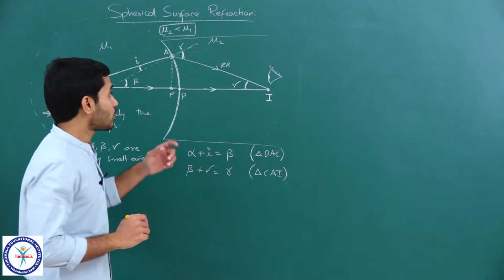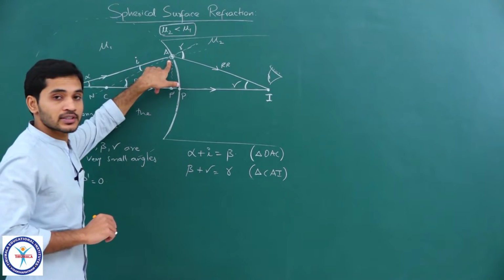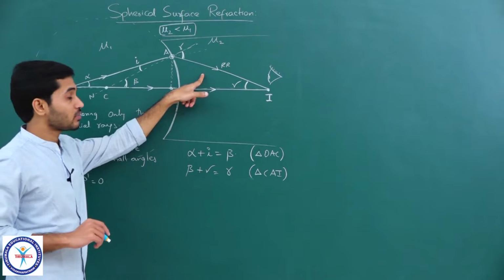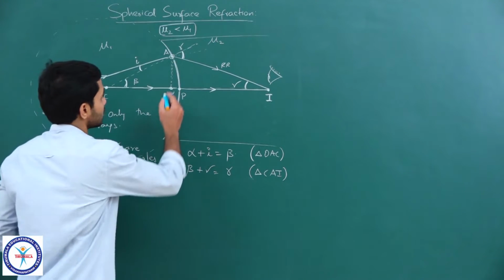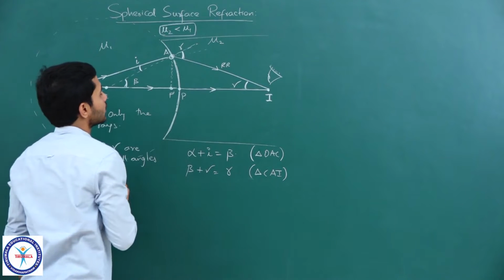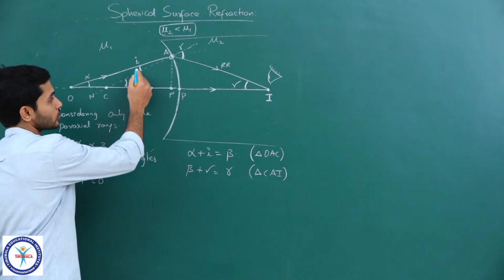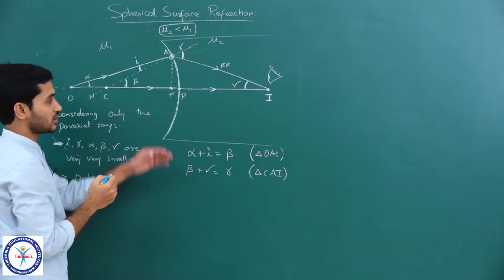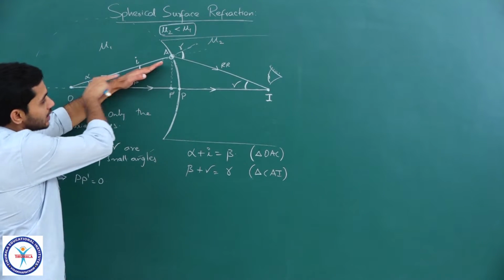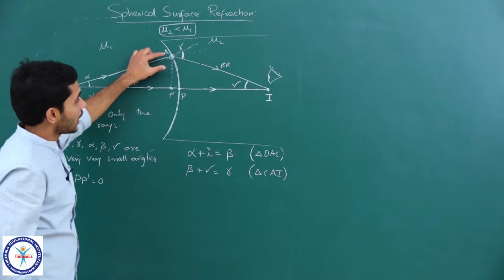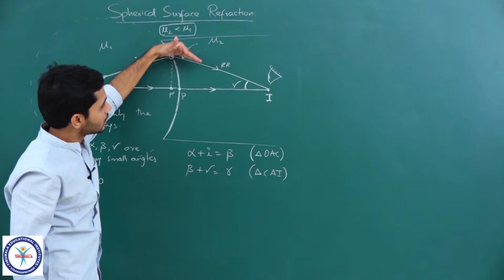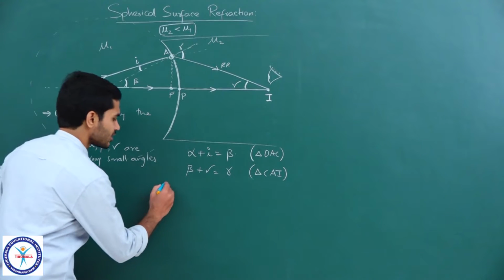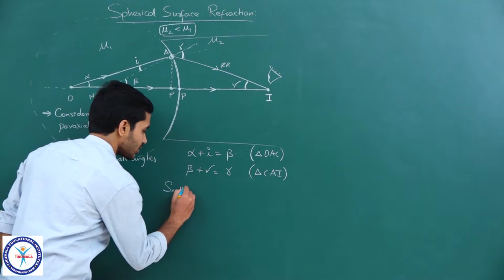Clear students? Now, if I apply Snell's law at this surface, because this is just normal refraction from the first medium to the second medium happening at this position. So, in this medium the angle of incidence is I, that is the angle that the incident light ray is making with the normal, and in this medium with the normal the refracted ray is making an angle of R. So, how do I write Snell's law?